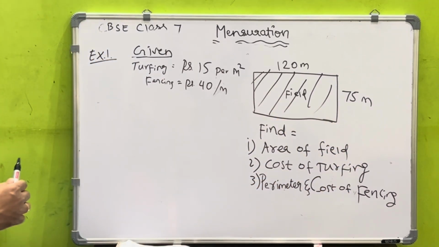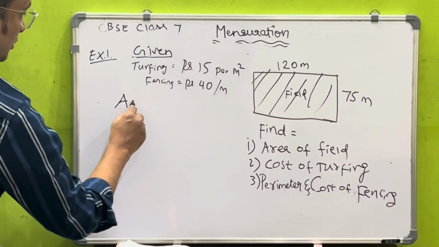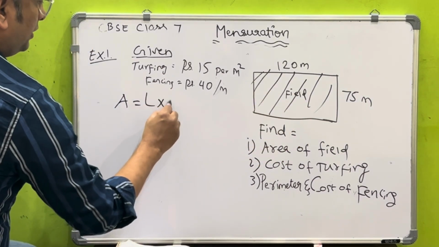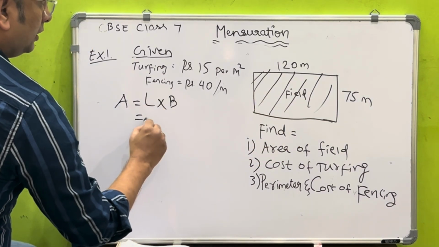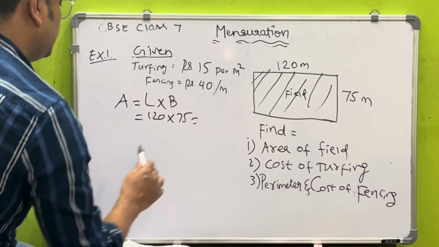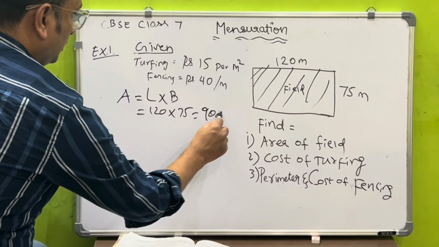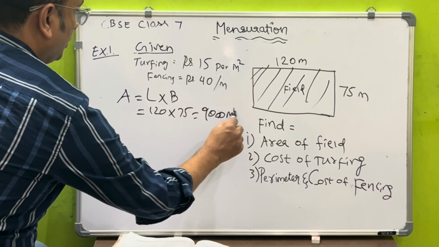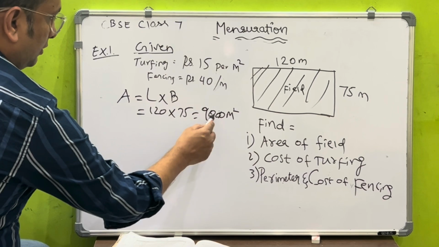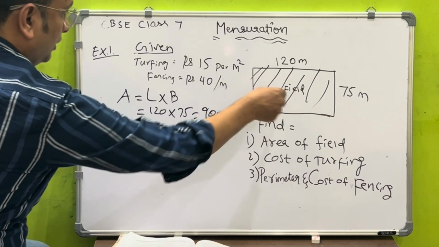Area is equal to length into breadth. So L into B is 120 into 75, that is 9,000 meters square.